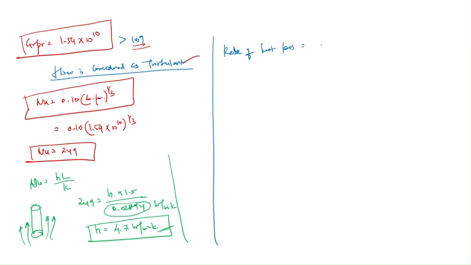From Newton's law of cooling, Q is equal to HA into delta T. Here A represents the surface area. So H into the surface area of the cylinder, pi D into L, into delta T, which is TW minus T infinity. Here H you already found, that is 4.7, into pi into D, the diameter, you know that is 180 mm, so 0.180, into length, that is 1.5.